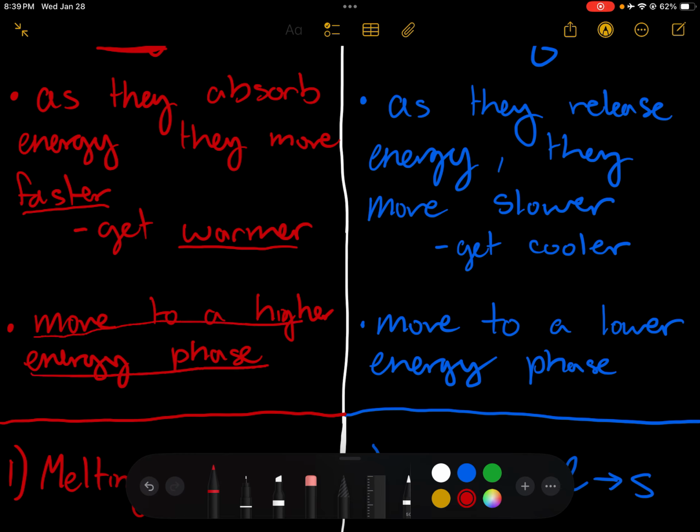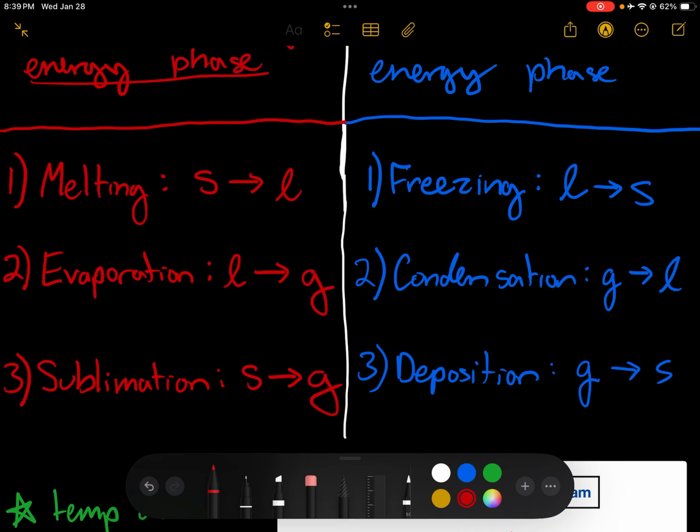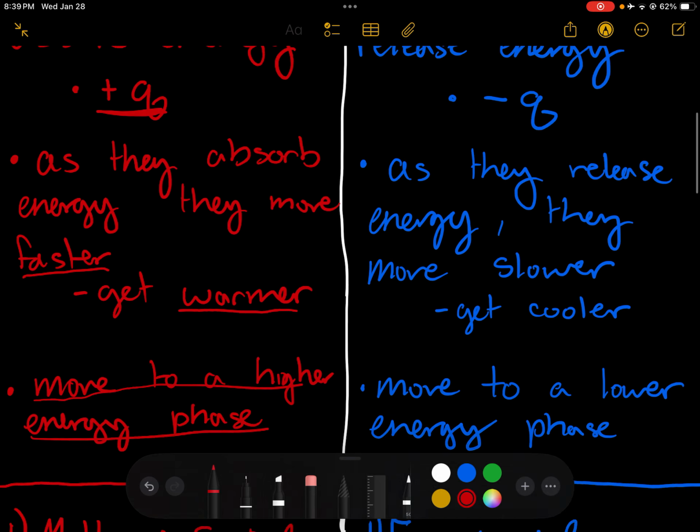So moving from a solid to a liquid to a gas, or in some cases, a solid straight to a gas. So our three phase changes that qualify as endothermic would be melting, solid to liquid, evaporation, liquid to gas, and sublimation, solid to gas.